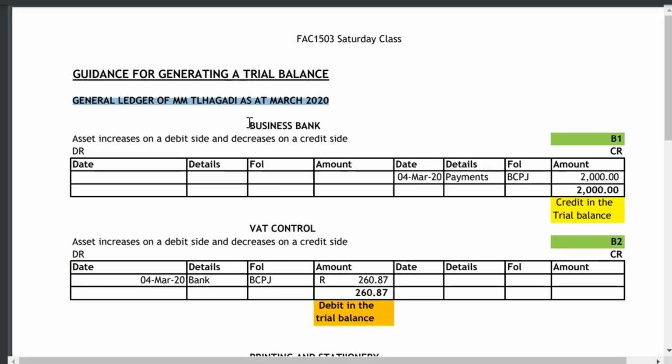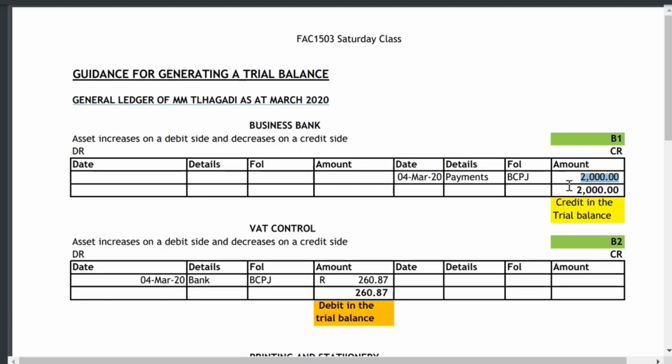So basically, guys, this is a general ledger account. The business bank, and this is the general ledger account. It has a balance of 2,000. So the business bank account in the general ledger, account number B1, has a credit balance of 2,000.